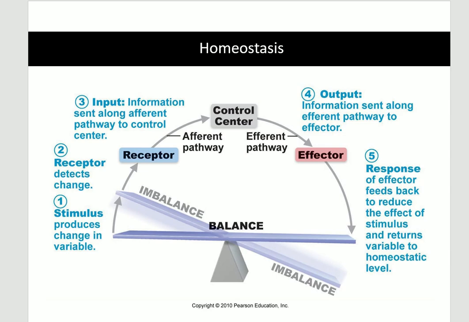And then the brain sends out a response and tells what needs to happen to fix that imbalance. So it sends that to the effector. The effector is the thing that can make that change to get us back into homeostasis. So that effector is going to do the response that the brain told it to do so that we can reach balance again.